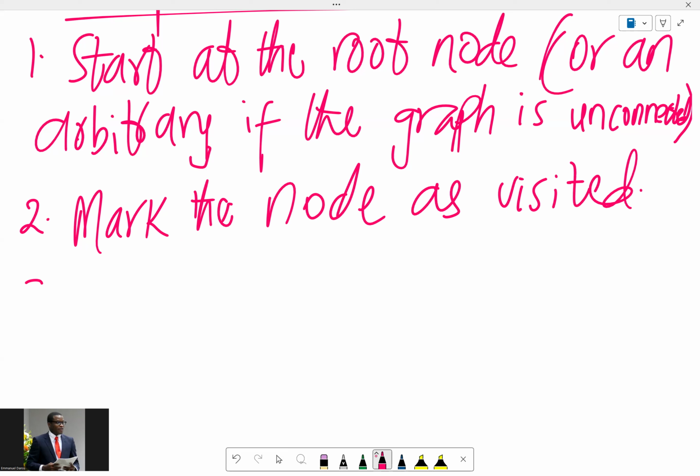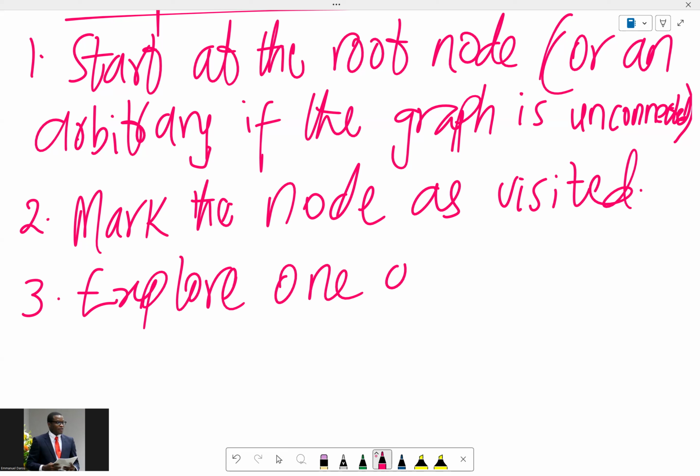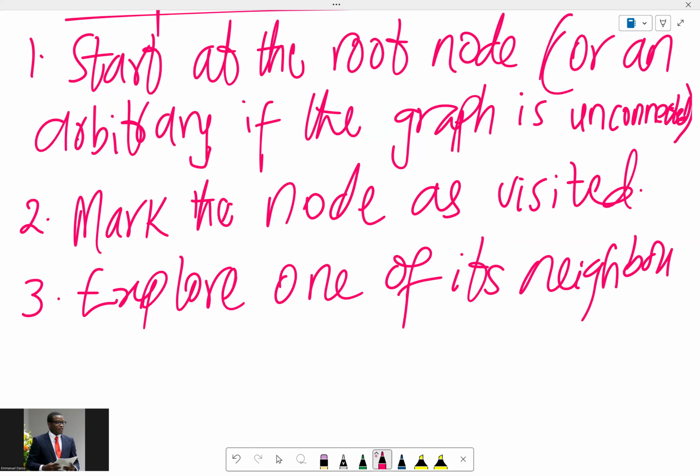Then the next thing is you explore one of its neighbors. Okay. After that, repeat steps two and three until all neighbors are visited. So step three is explore one of its neighbors.